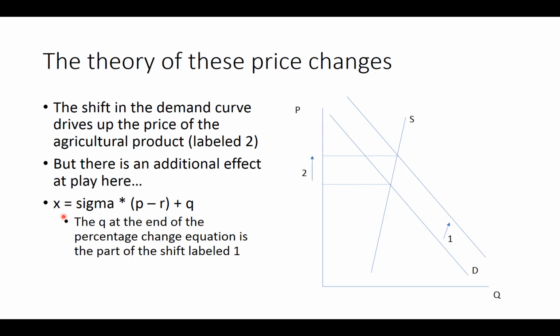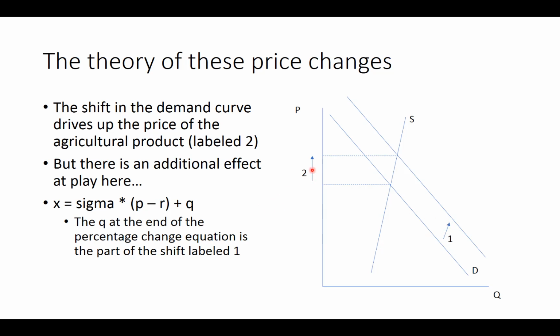So the first round assumption is you shock food, that pulls up this value, right? Imagine this term here goes away, the sigma p minus r. Shock this up, you need more of this input. So the Q at the end of this percentage change equation is this shift right here.